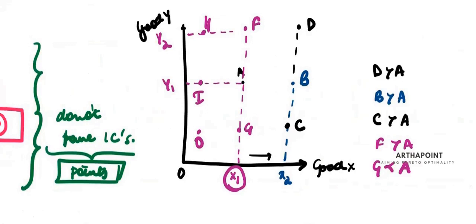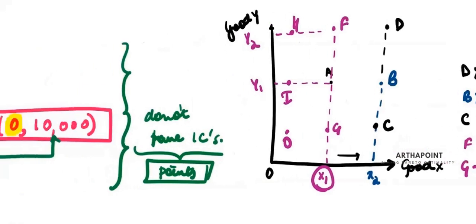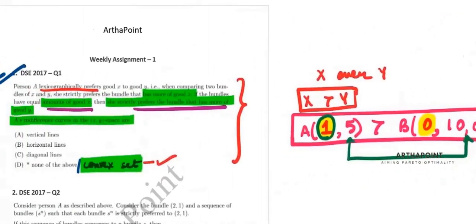You cannot find 2 points which will have the same level of utility. That is what is unique about lexicographic preferences. Each point represents a different level of utility.